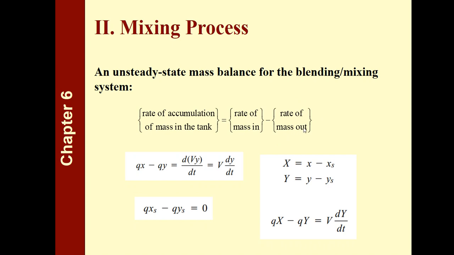So if we're going to write the differential equation appropriate for this worded unsteady state mass balance equation, that would be the volumetric flow rate to the tank, which is constant at Q, and then they're being multiplied to the X and Y. So X and Y, X for the concentration of the fluid entering and Y for the concentration of the fluid leaving.